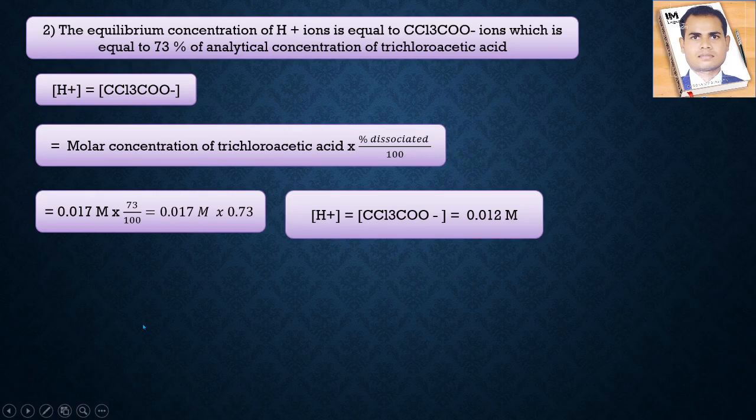After calculation you will get 0.012 molar. That will be the concentration of hydrogen ions, and it will be equal to the CCl3COO minus ions. So in this way we can solve the examples, right?